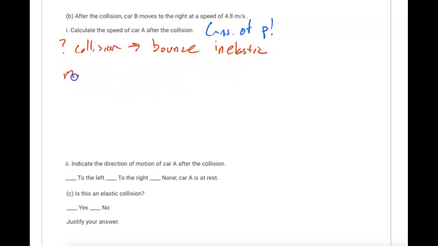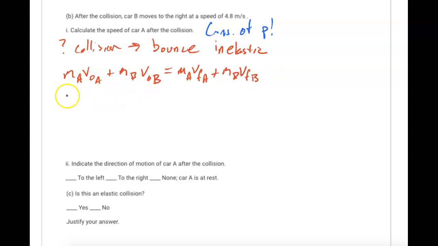So let's use our equation. The mass of cart A is the one on the left, times the original speed of A, plus the mass of cart B times the original speed of B, is equal to the mass of cart A times the final velocity of cart A plus the mass of cart B times the final velocity of cart B. So now we can plug everything in.